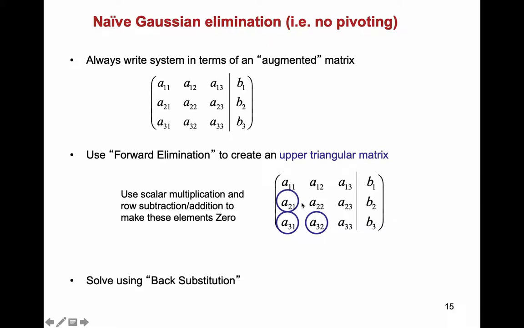I want it to be 0 right here. So I can say C times A11 plus A21 is equal to 0 and find what that C should be. Okay? And the same thing for every row below that.